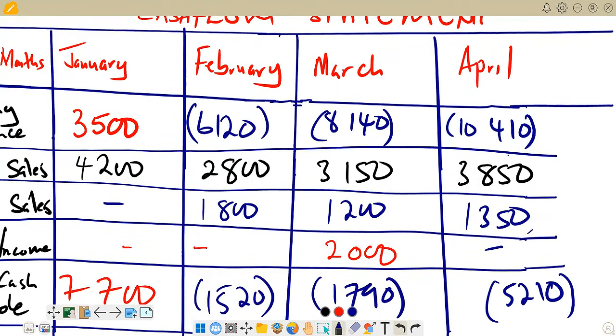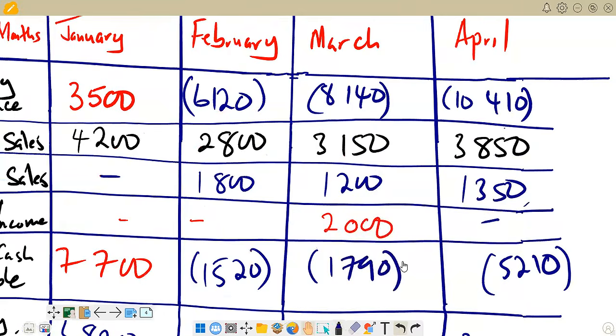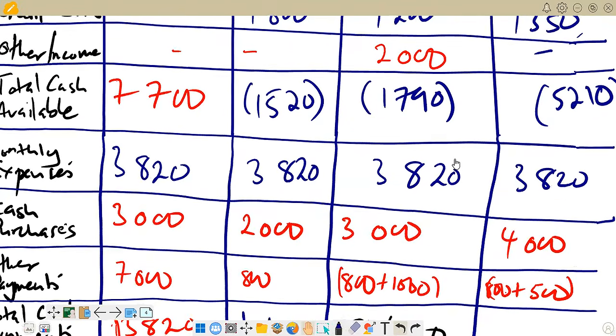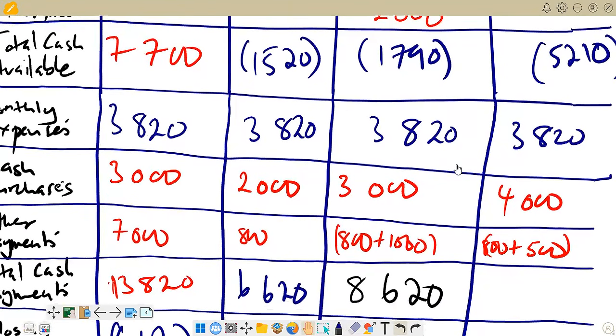Then we go to the lower part where we are going to add the payments, of course. So for the payments now, we are saying 3,820. We add 4,000. We add 800. We add 500. These brackets, we are just putting them to show that we have two figures that we are supposed to add. They are not there to subtract. Remember, this is adding to get the total payment that we have.